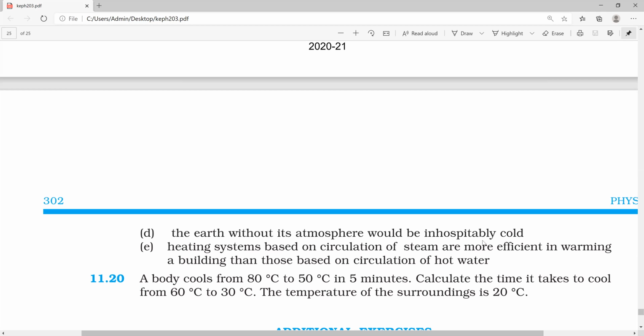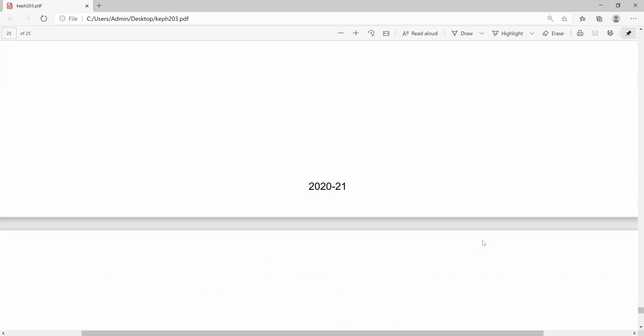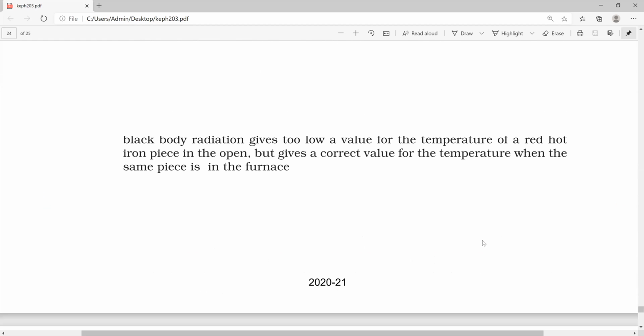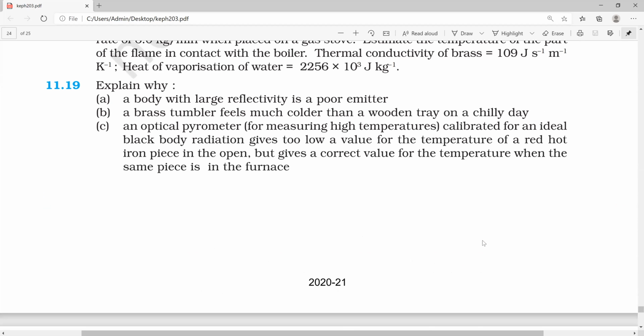That is 11.20. 11.19 we have to solve. Explain why in those 3 questions they asked.